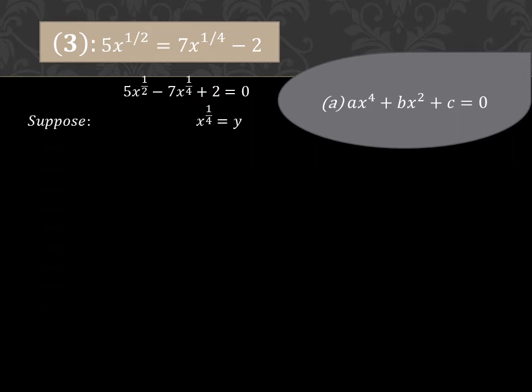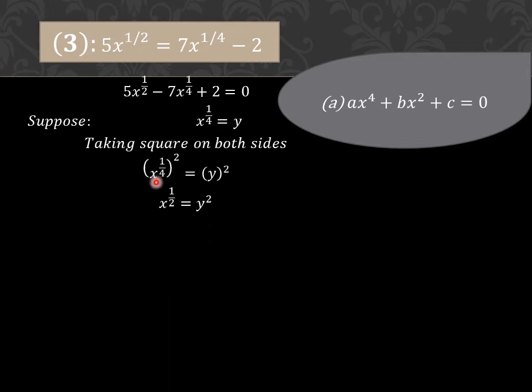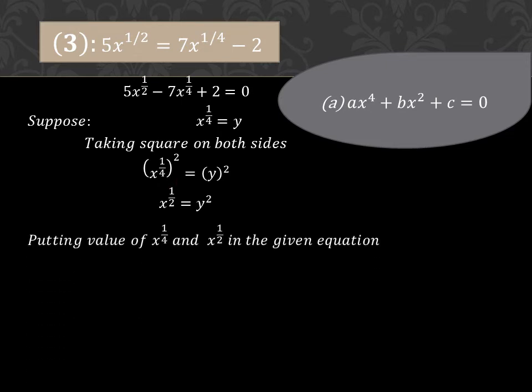We will suppose it equals to y. Then how can we change 1 by 4 to 1 by 2? We will multiply it by 2 so that 4 will get cancelled with it and we have 1 by 2 power. Now we will replace x^(1/2) and x^(1/4) with the digits we have just supposed.